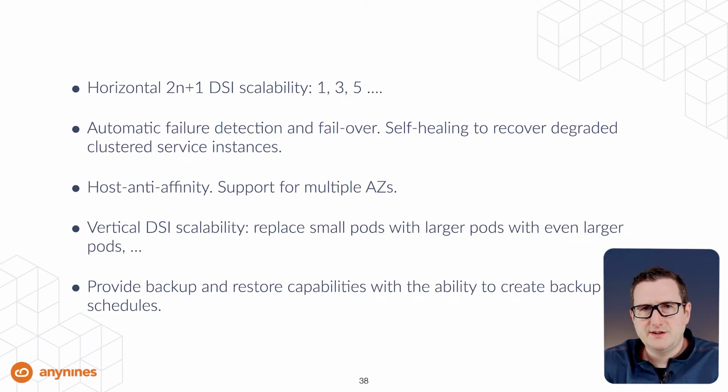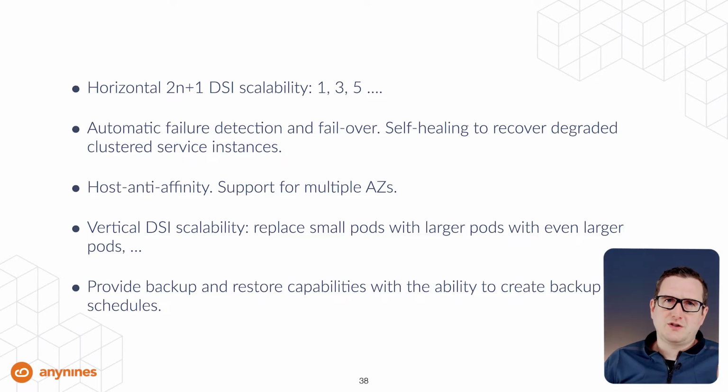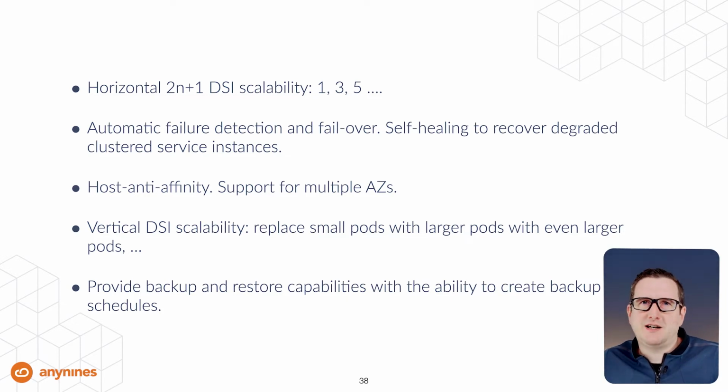Scalability of service instances in both horizontal and vertical scale is necessary and meaningful, which means that if you start with a single pod stateful set, you want to be able to turn it into a three replica stateful set with asynchronous streaming replication, for example, and maybe even 5, 7, 9, the 2n+1 scalability to enable quorums.